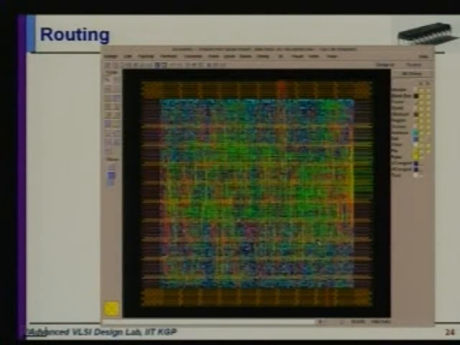And this is how it looks after your routing is done. Okay, so the blue wires are the nets, which are the connections. Okay, so I mean this is mind boggling, and obviously you can see that doing it manually is quite out of the question, right? So CAD does this for you.